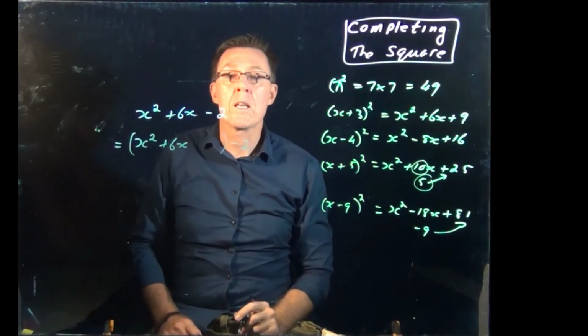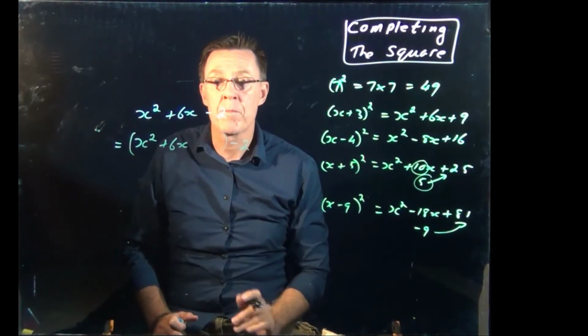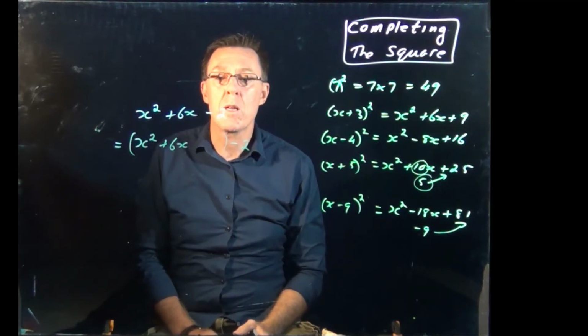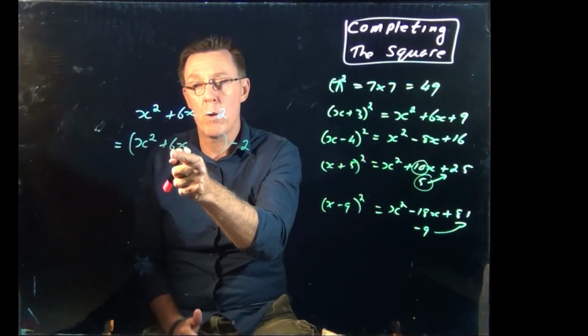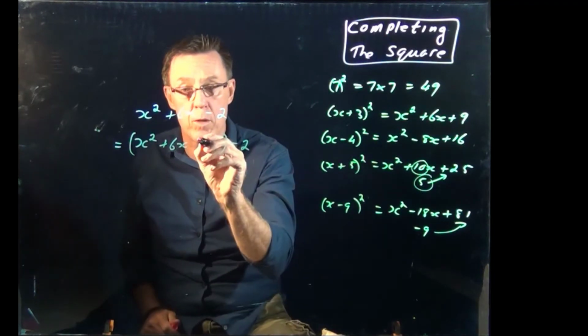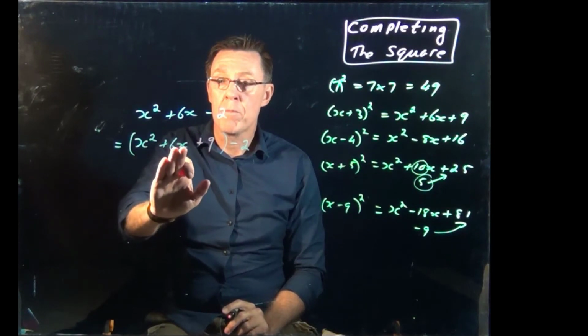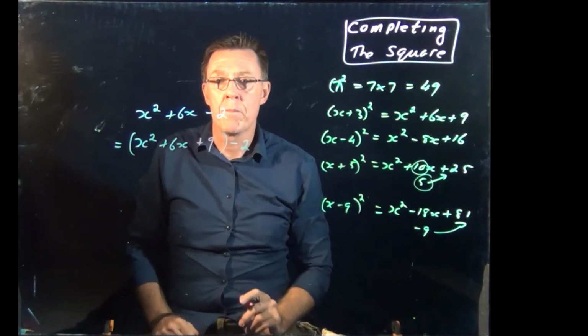So inside that bracket is going to become a perfectly square quadratic. But what number do I need to write in there so that it becomes a perfectly square quadratic? Well, half of 6 is positive 3, positive 3 squared is positive 9. So if I put positive 9 inside the bracket, it's a perfect square.